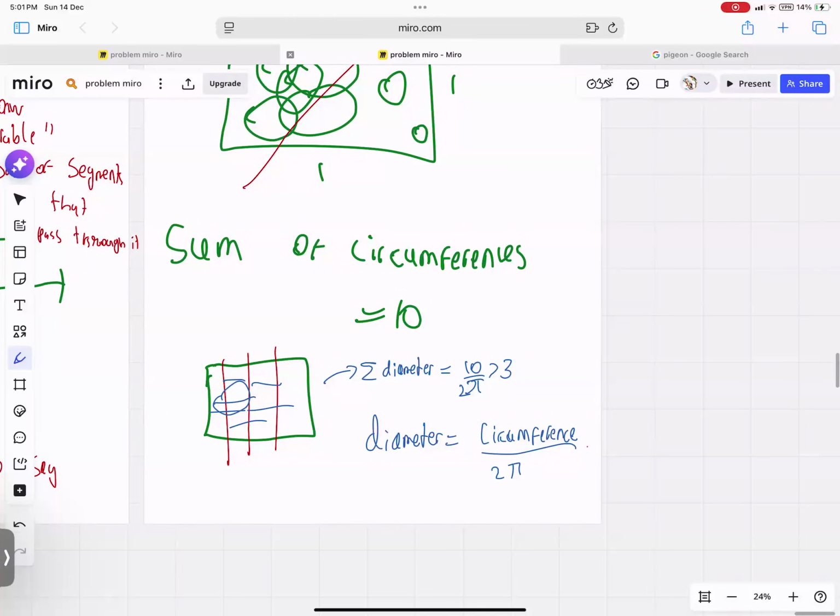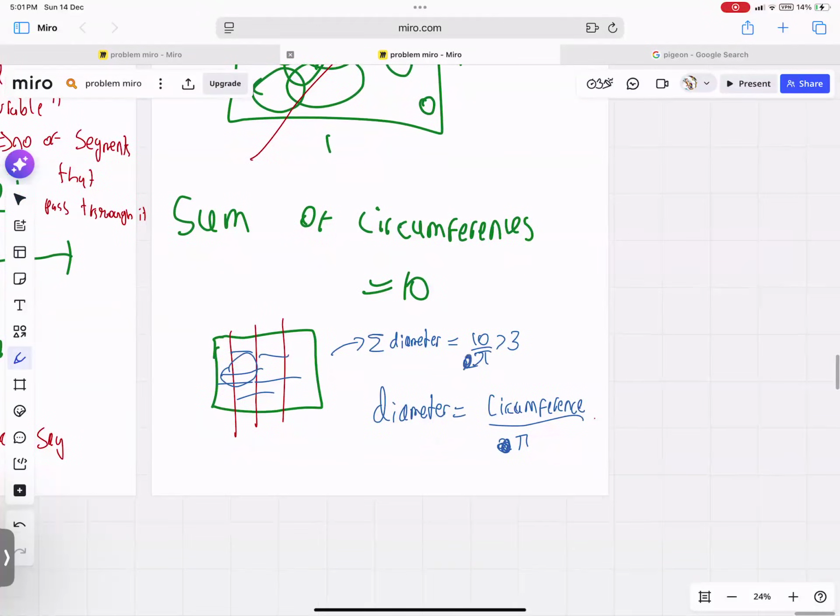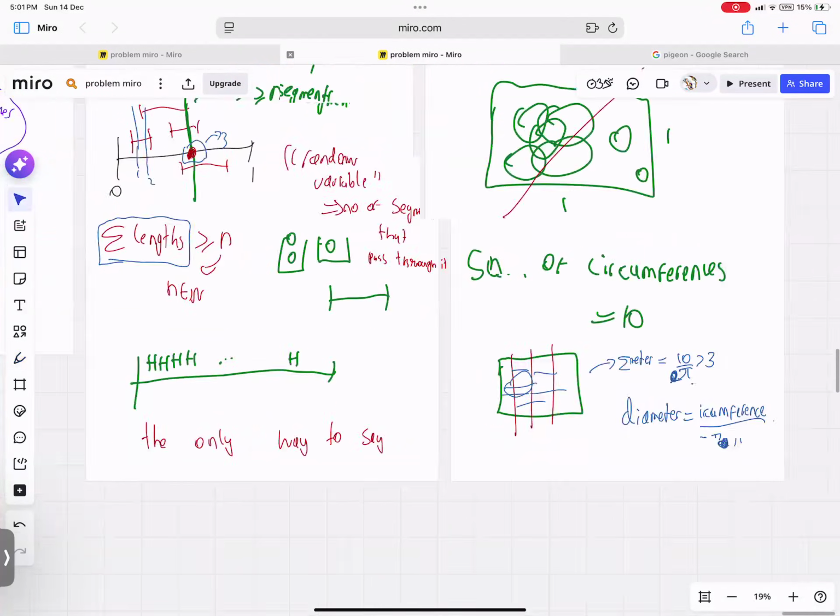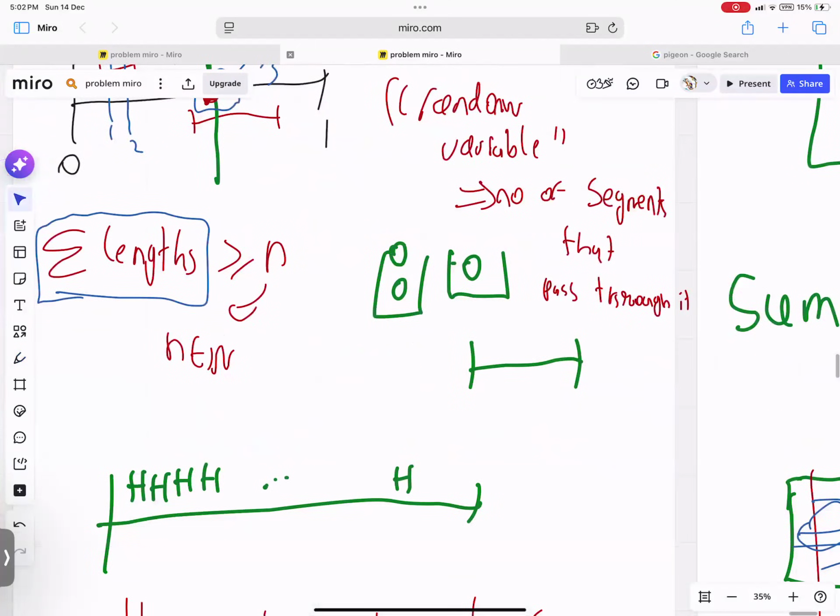Diameter is circumference by pi, right? I'm dumb. Radius is circumference by 2 pi. I was wondering why 10 by 2 pi is at least 3. It should be greater than 4, right, for this to work. Okay, no, I was a bit lenient over here. In fact, greater than n minus 1 works.